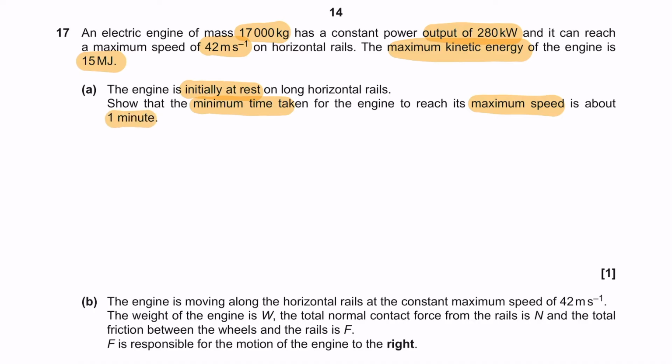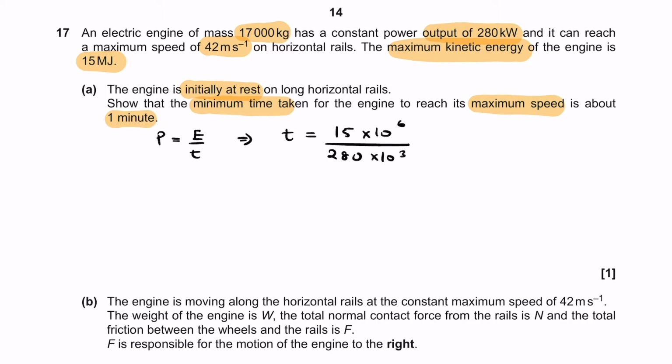Because we are given power output and we are given the energy as well, we can simply use power equals energy divided by time. So this means that time is energy, which is 15 million joules, divided by the power, which is 280 times 1,000 watts.